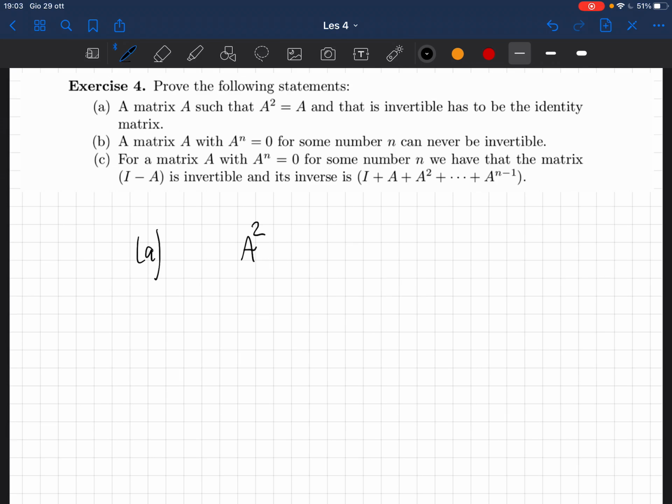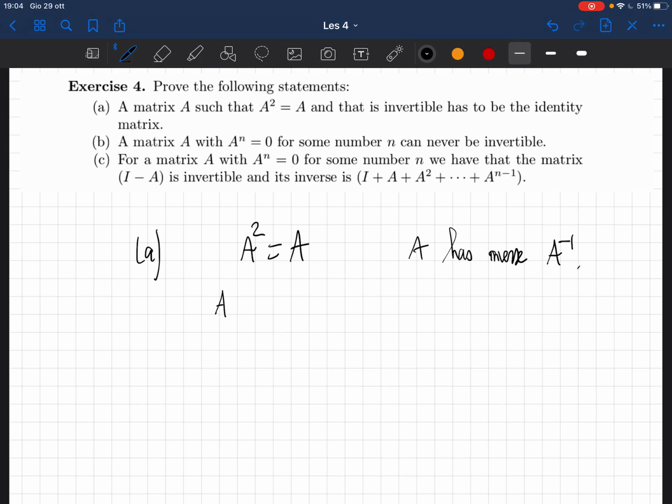So let's take our A and assume that A squared equals A, and A has an inverse. You can multiply by its inverse to the left in this equation, and you would obtain A minus 1 times A squared is equal to A minus 1 A, and this is by definition the identity matrix.